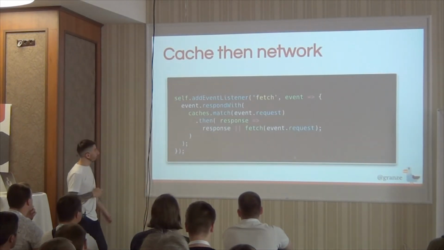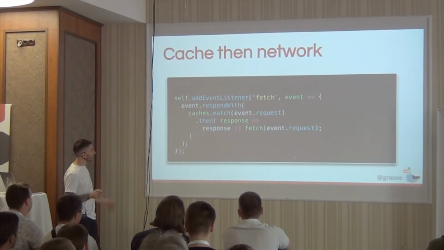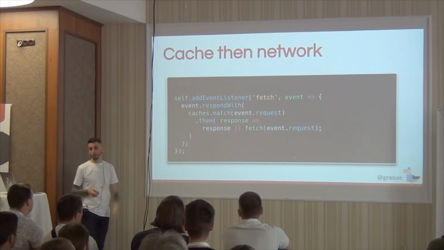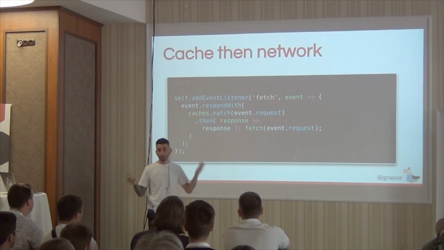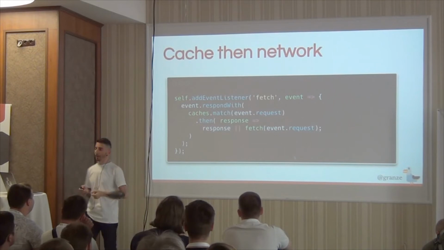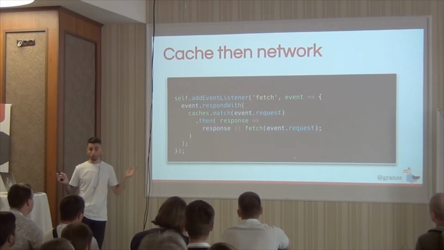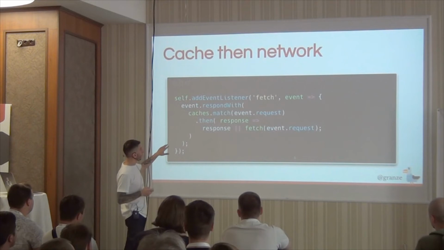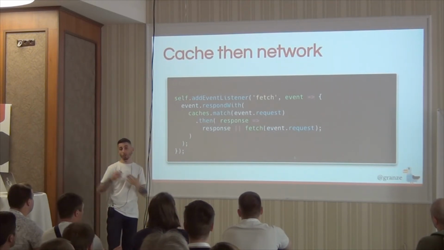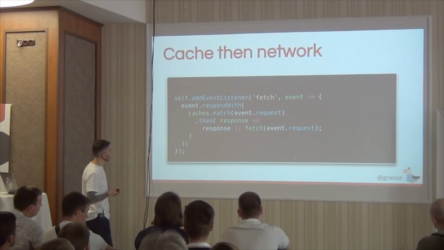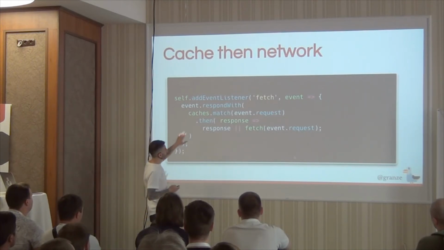So in the first one, this is the vanilla code. What I'm doing here: self is the global object of the service worker, and as you can see, the vanilla API is really nice because it's based on events and promises. So if you're familiar, and I think you are, with promises and events, you're good to go. And this example actually is really simple because we are listening to the fetch event, that is the call we want to do to the server, and we define what our response is.